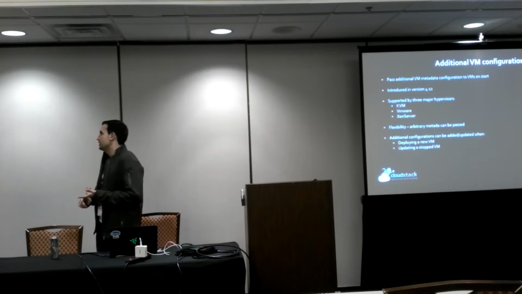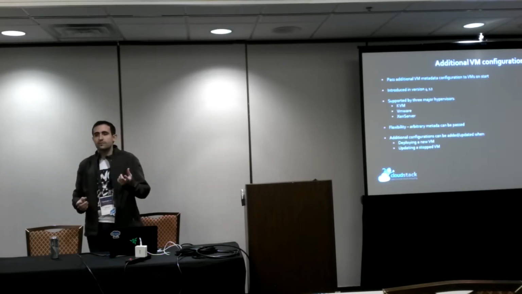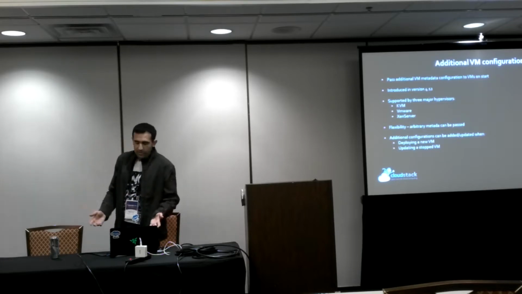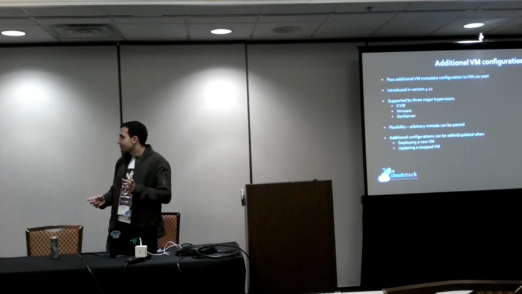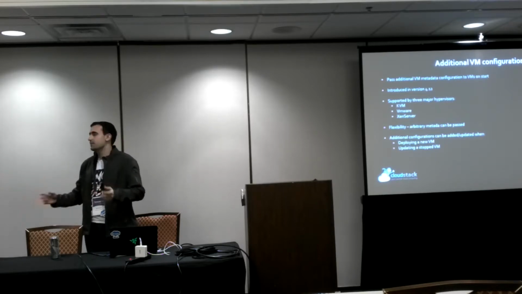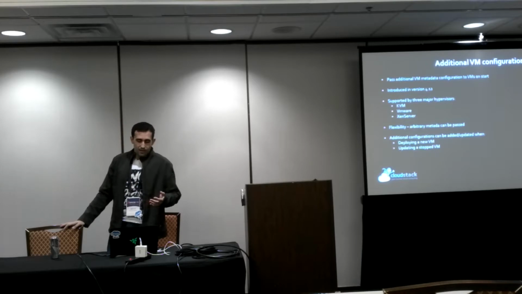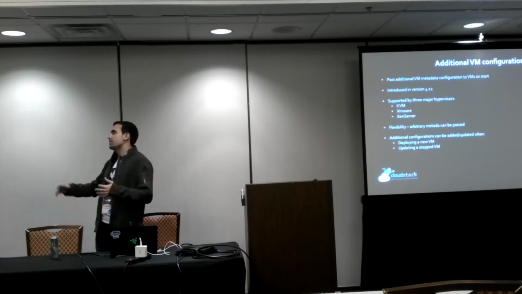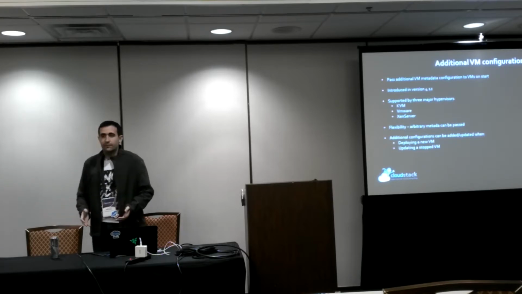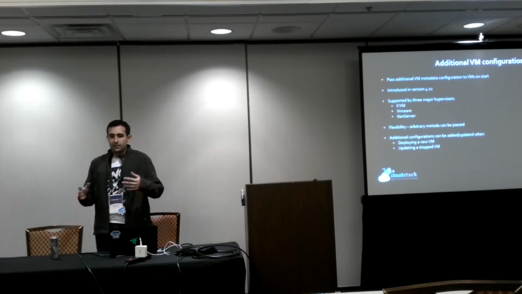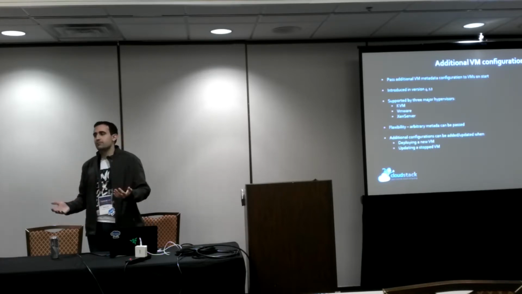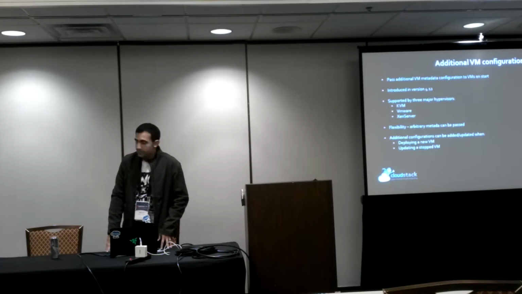For example, on KVM, you can pass a piece of XML that will be included on your VM. On VMware, you will pass a key value pair that will be added to your VMX file, and with XenServer, you will use the add parameter X API. So you see, it's very flexible, as you will control whatever you want to be included on your VM and what can be enabled, and that's pretty nice.